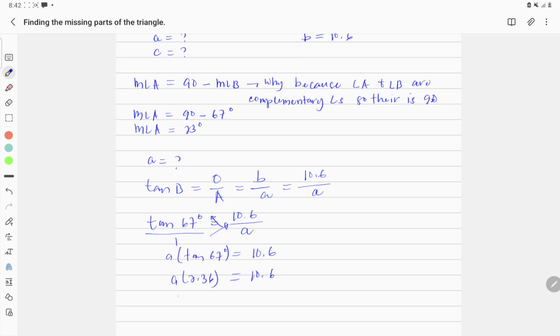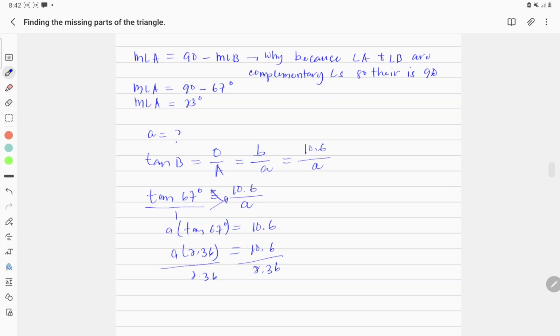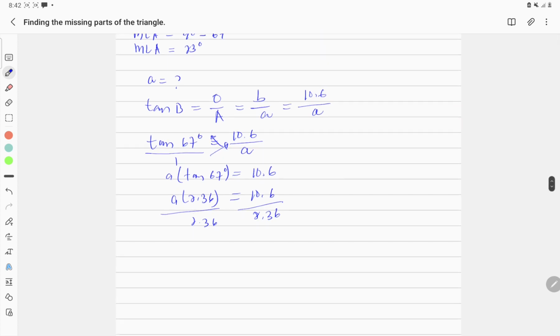Therefore, dividing both sides by 2.36, A is equal to 10.6 divided by 2.36. That will give you 4.49 units.